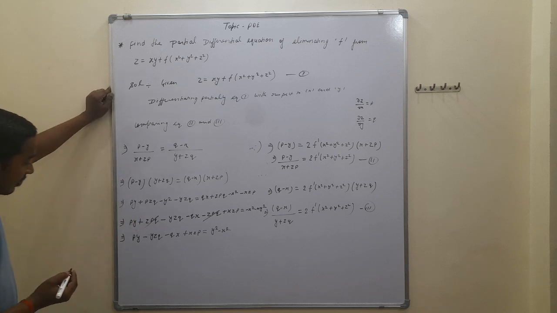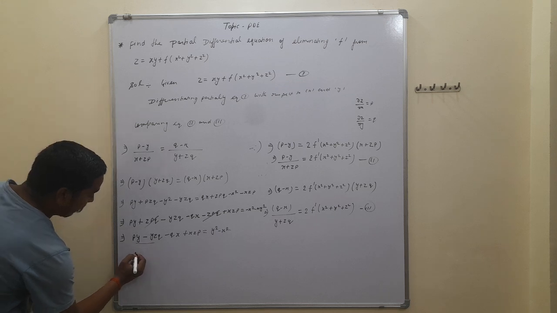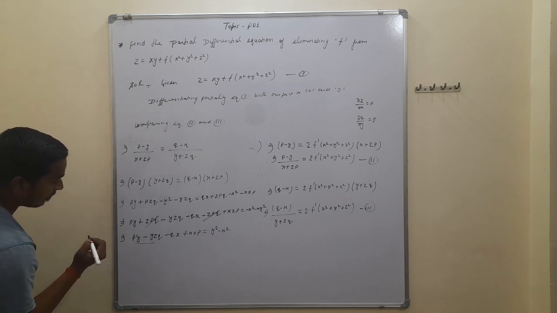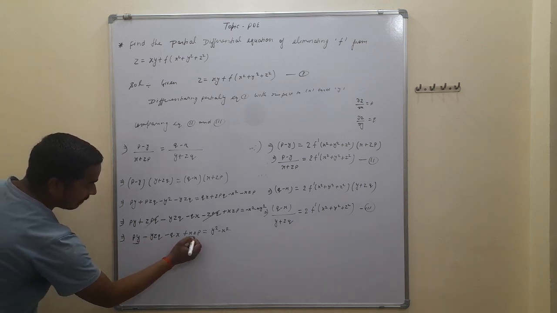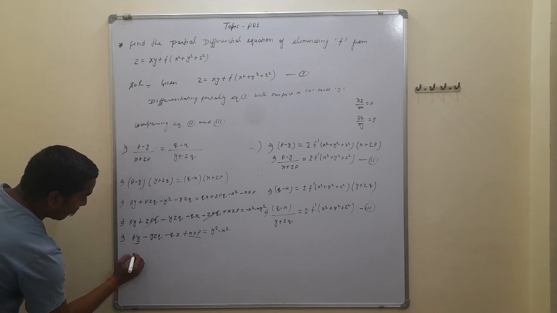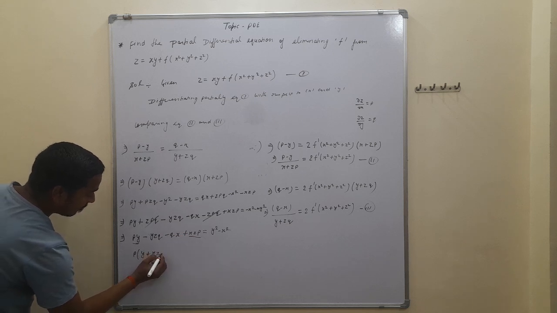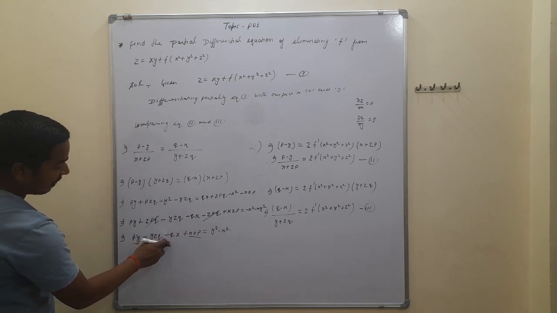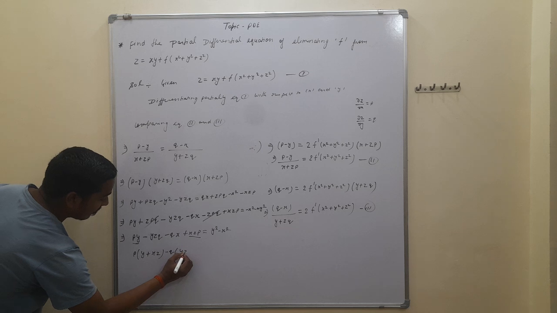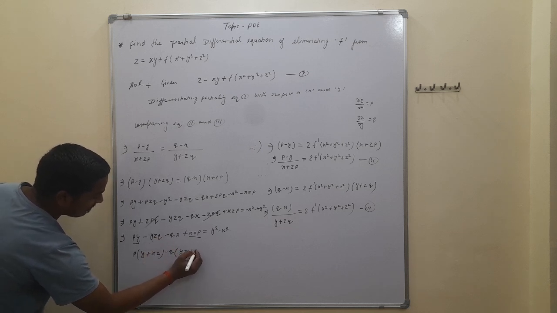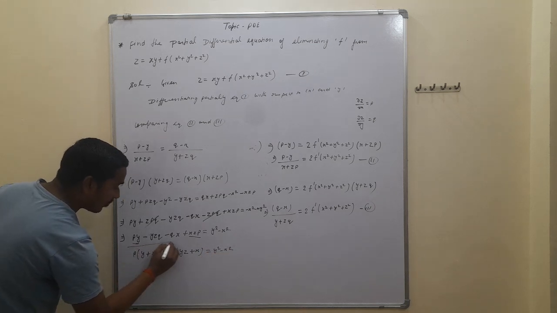Now we take common factors: taking py and xzp in one bracket, p is common, this is p(y plus xz), and minus yzq and minus qx are taken into one bracket, taking minus q as common, this is minus q(yz plus x), is equal to y square minus x square, and this is the required solution of the given partial differential equation.